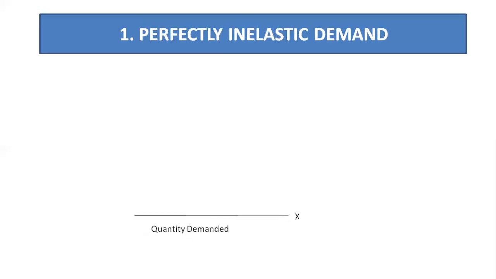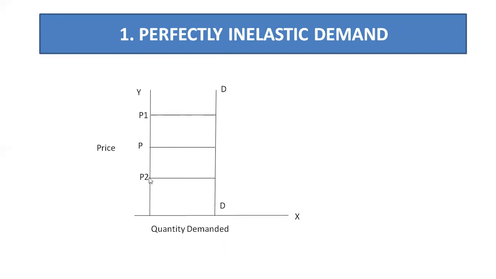Now let us see how this diagram is drawn. First of all, draw the x-axis, then draw the y-axis. Now draw the normal price. At normal price, the demand curve is a DD curve parallel to the y-axis. Now if the price rises from P to P1, the demand is still the same, as you can see here. If the price decreases from P to P2, the demand is still the same.